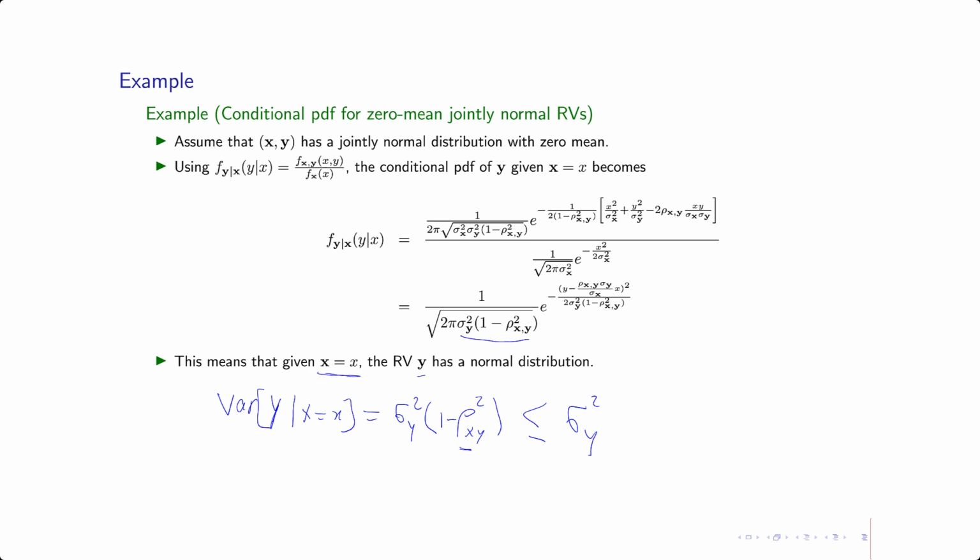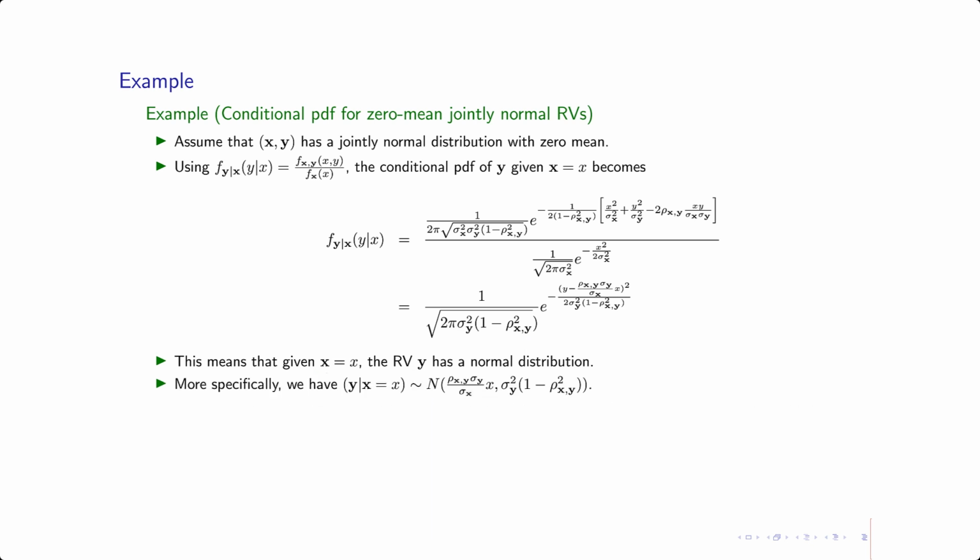When they are independent, the variance is not reduced, but if they have some correlation, proportional to 1 minus rho 2, the variance is reducing. If rho 2 is exactly equal to 1, it means that they are completely degenerate, so the variance of y becomes 0. Given the knowledge of x, you will be able to reduce the variance of y to 0. That means that in that case, y is a scalar multiplication of x.